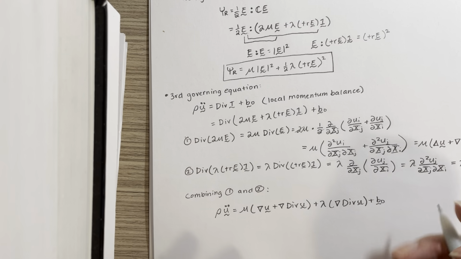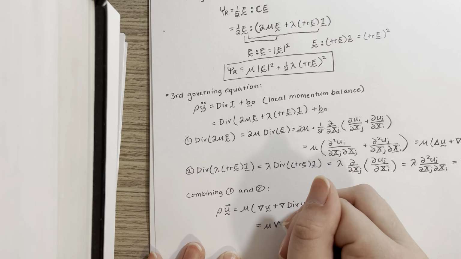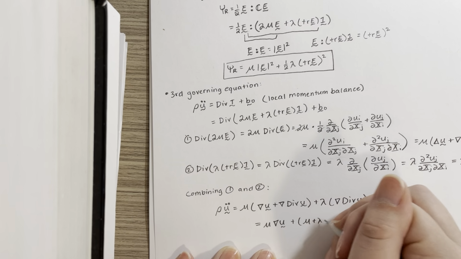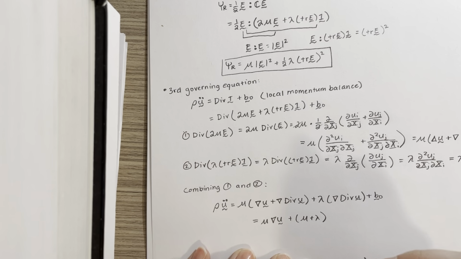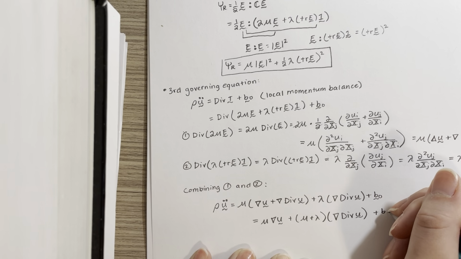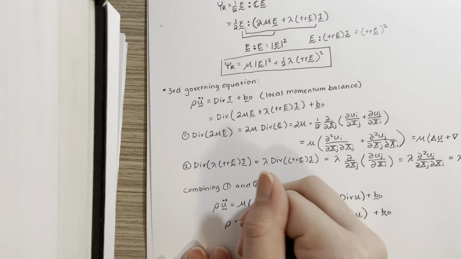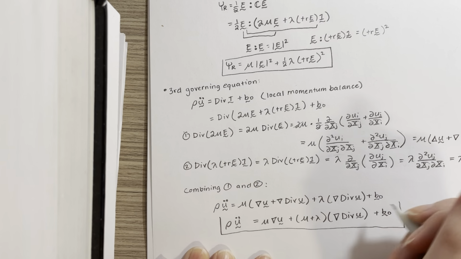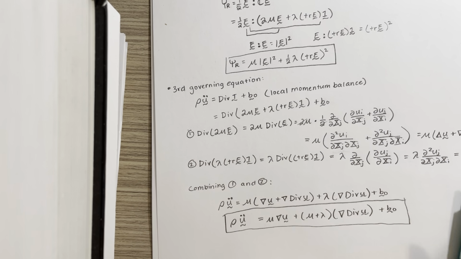So then we can group like terms and we get mu times del squared u plus mu plus lambda times the gradient divergence of u plus our convectional body force. And this is our third and final governing equation for the linearly elastic behavior of an isotropic material.